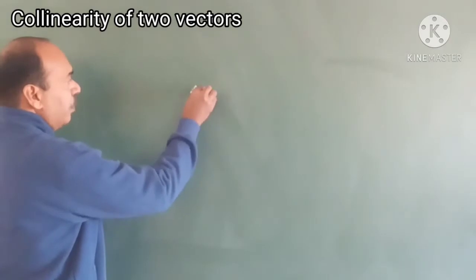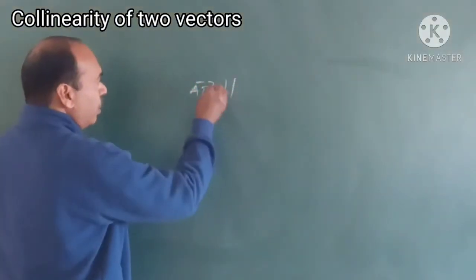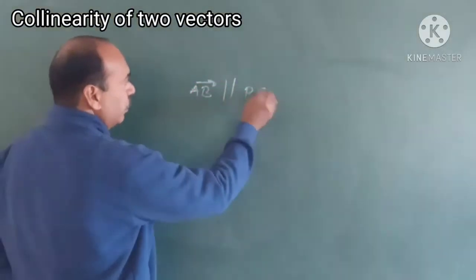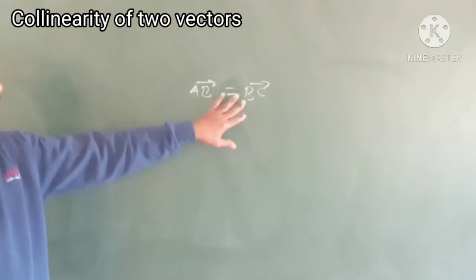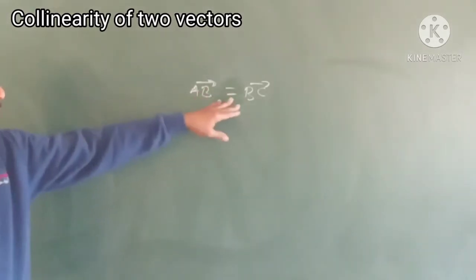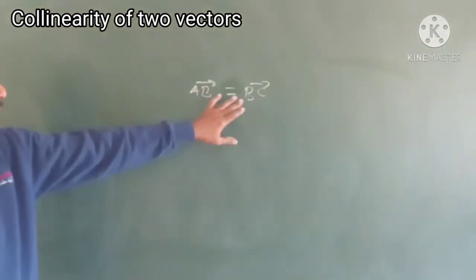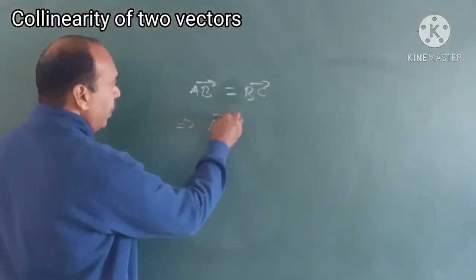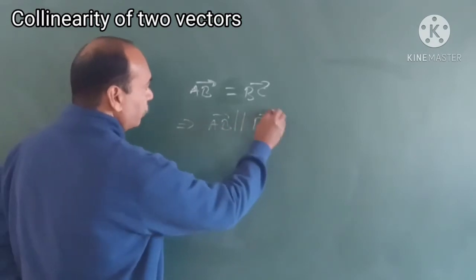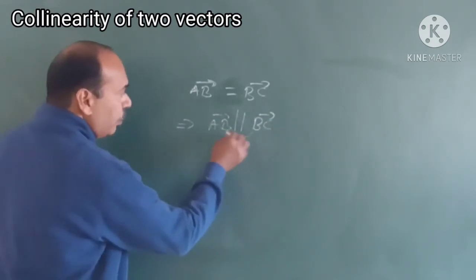And if two vectors are collinear, suppose vector AB is equal to vector BC. If two vectors are equal, it means their directions are the same. Vector AB and vector BC both are equal, it means their directions are the same. So this implies that vector AB and vector BC both are parallel. But point B is common in both.